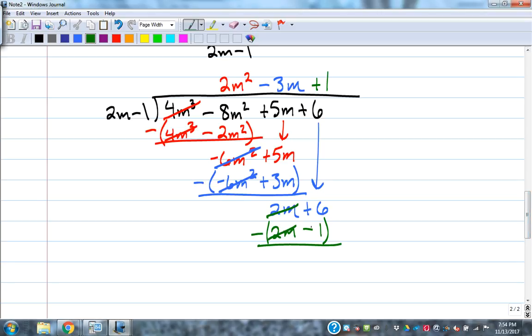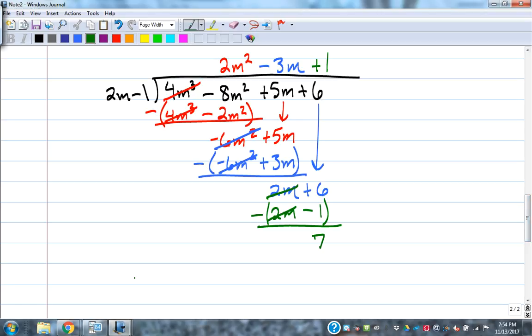The 2m's cancel. 6 minus negative 1 is 7. We know that's our remainder. So our quotient will be 2m squared minus 3m plus 1 plus 7 over 2m minus 1.